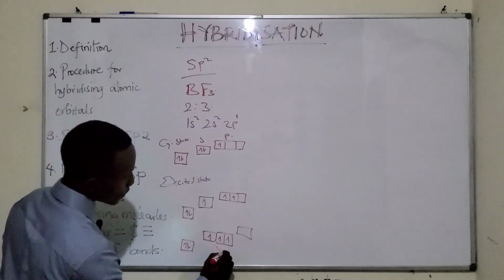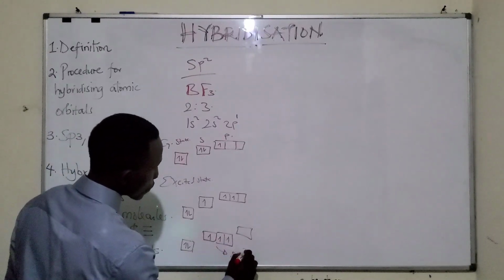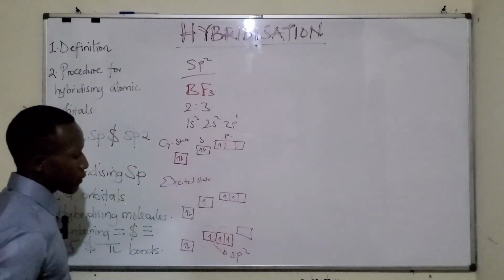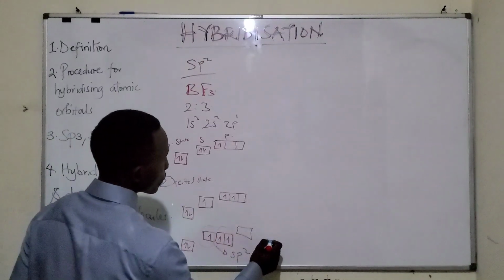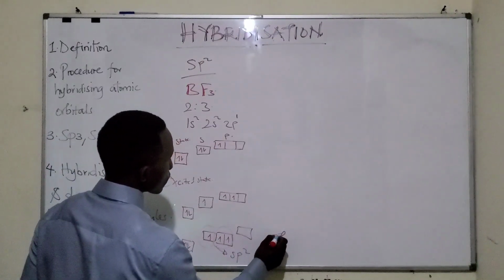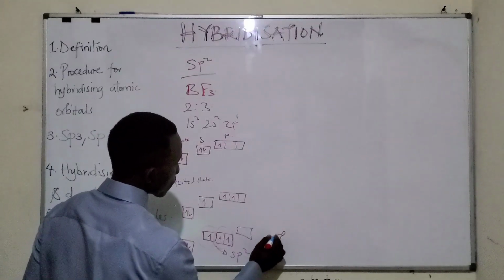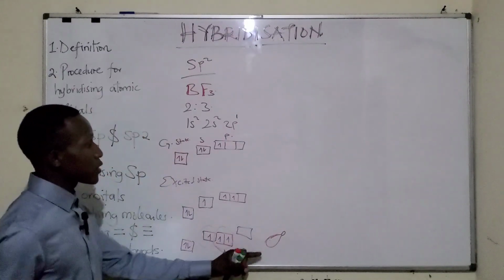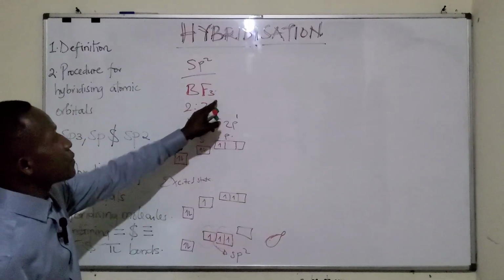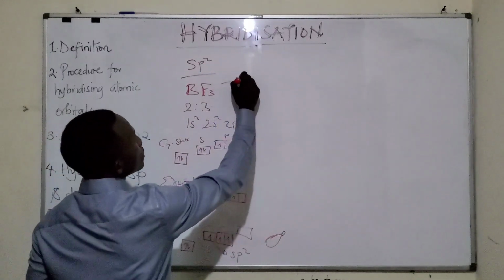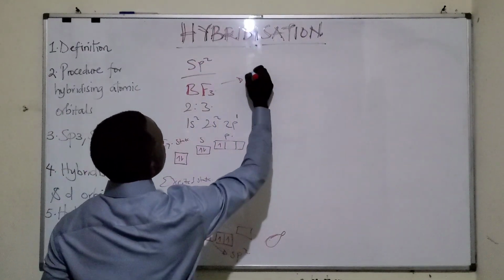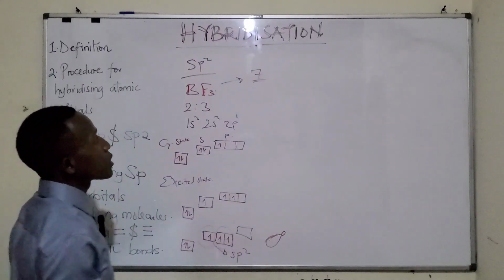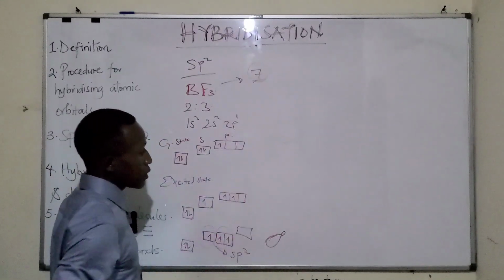These are sp2 hybrids, 1s and 2p's. And sp hybrids, we know its structure. This is the structure of the sp hybrid electrons. Fluorine, it is having 7 outer electrons, meaning that it needs 1.